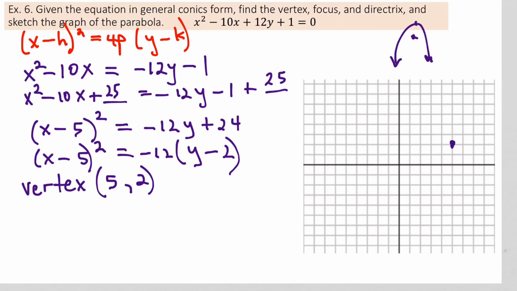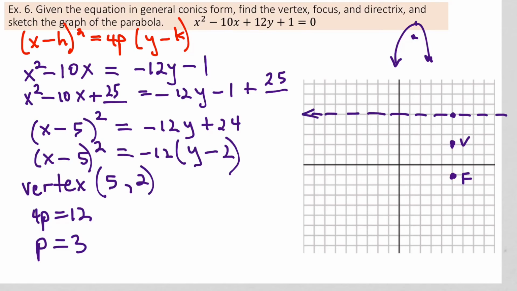All right, so let's figure out the focus now. So that means 4p is equal to 12, so that's p is equal to 3. All right, so that means I'm going to go 3 down to get my focus. So this is vertex, this is focus. And we're going to go 3 up to get my directrix in.